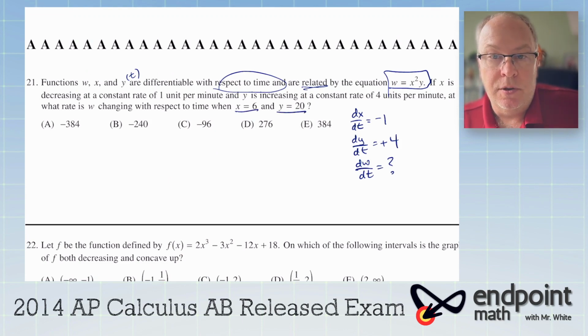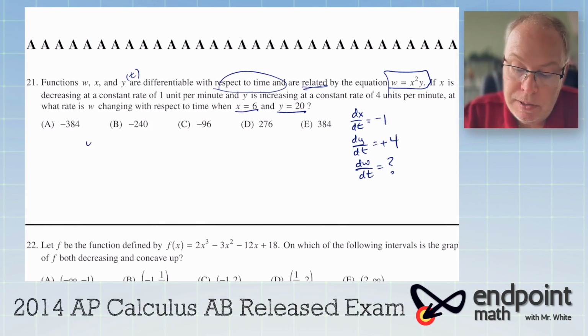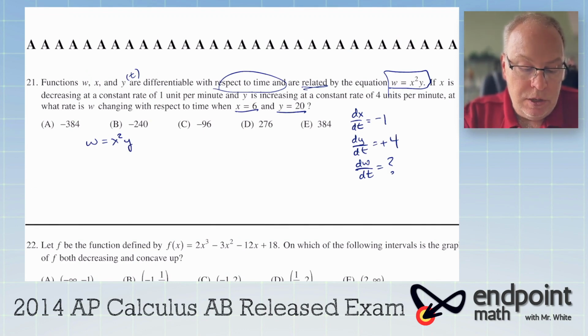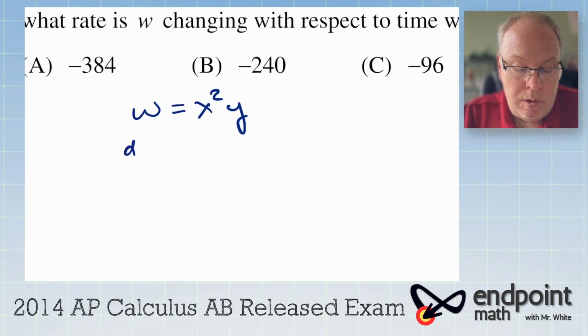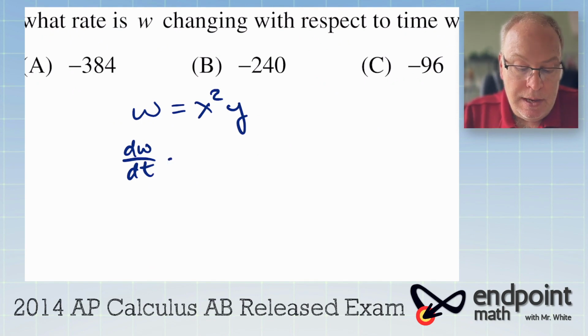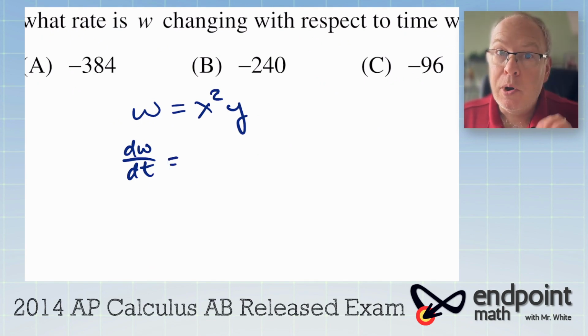I really encourage you to try to jot things down like I did off to the right there on the screen. And then let's take the derivative implicitly like you learned how to do in related rates. So if we take the derivative, we would get dw dt, the derivative with respect to t. Now on the right, what do we have there? The product rule.